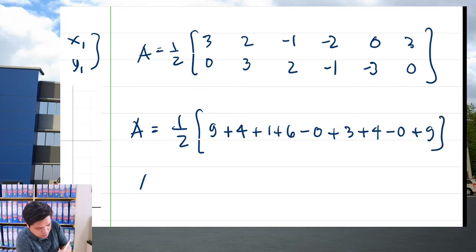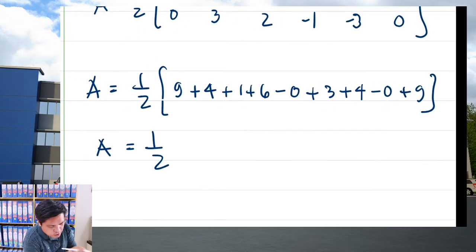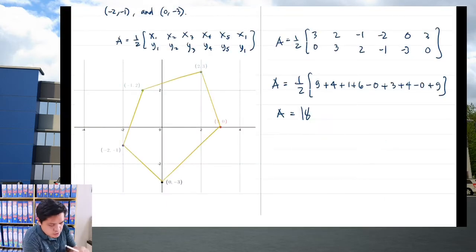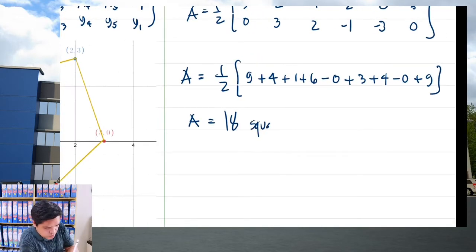Okay, so area now is equal to 1 half. Then we'll just add this up. So that's 1 half times 9 plus 4 plus 1 plus 6 plus 3 plus 4 plus 9. So the area is 18. Yun lang pala. So the area is 18 square units.